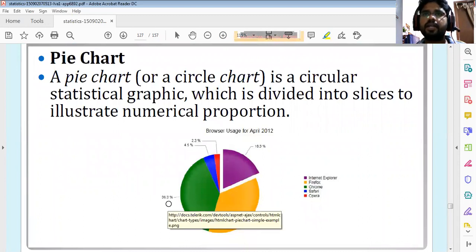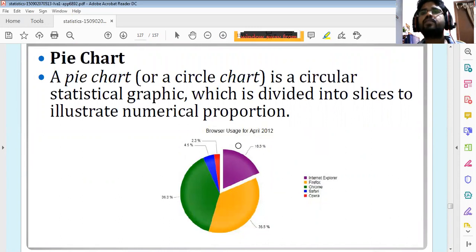And here 38% Chrome. For example, if you collect information about 100 people who are using the net, some people use Chrome, some use Firefox, some use Internet Explorer, Safari and Opera. These are browsers we use frequently.